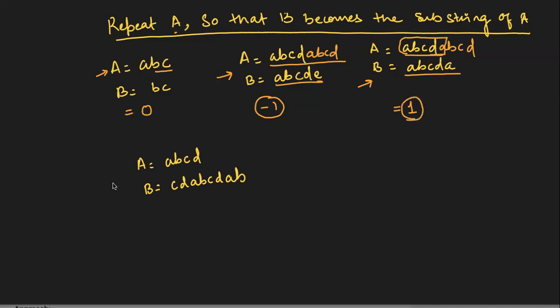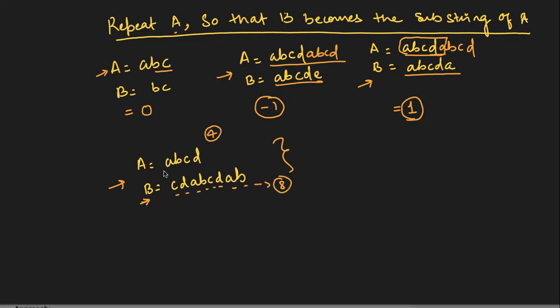Now, the last example. This is a special case where string B is rotated, right? So string A is ABCD, and string B is CDABCDAB. Okay. So A has 4 characters, and string B has 8 characters.